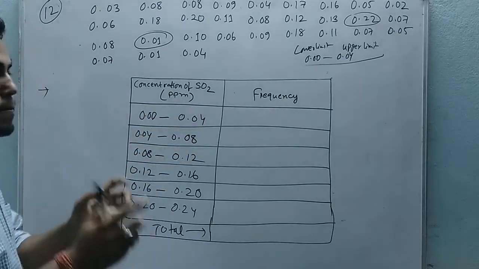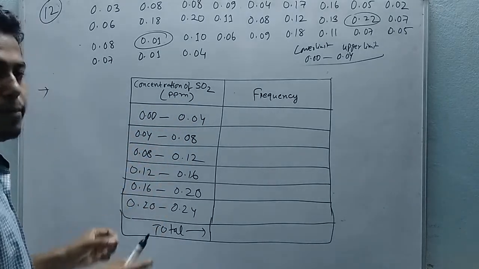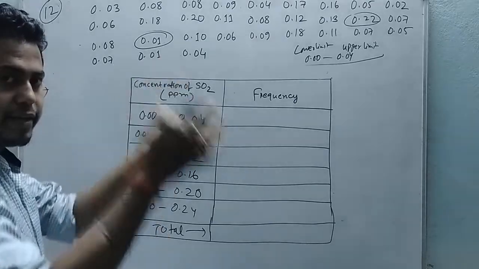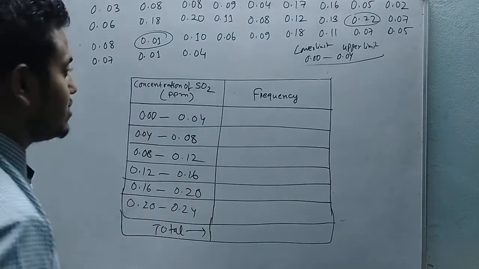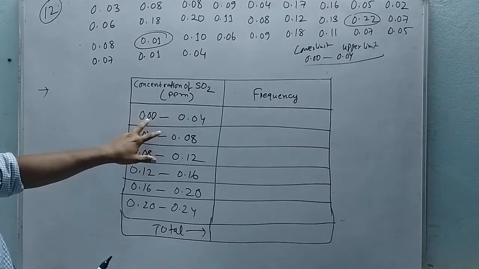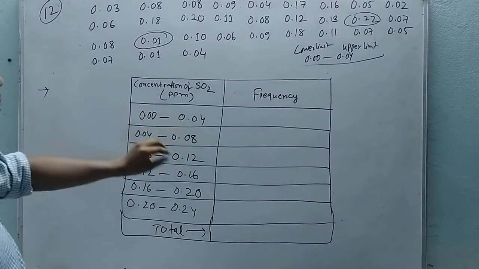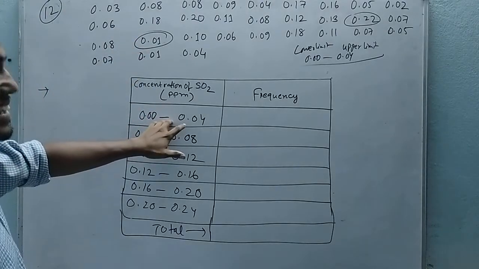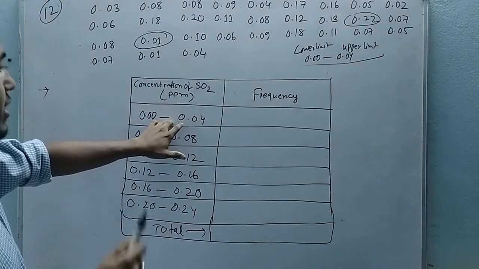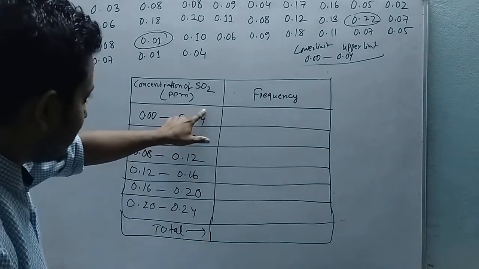Please concentrate because it will be helpful in your previous chapter, statistics chapter 14. 0.00 to 0.04. So find out the numbers which fall in this class interval, and remember we will not take this upper limit.